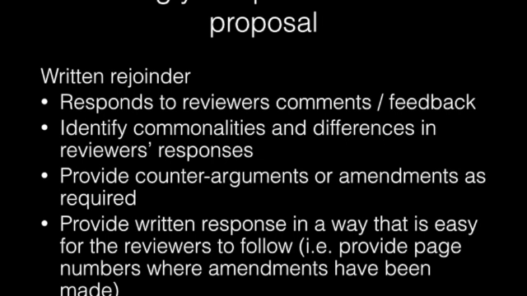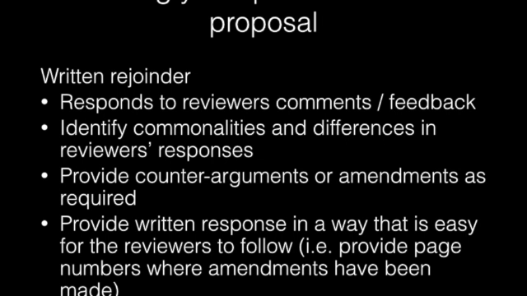It also allows you, if the reviewers have given you really positive feedback, to identify that in the rejoinder so that other reviewers can read it and go, oh okay, what I thought was good, other people thought was good. Most importantly, it provides you an opportunity to give them some counter arguments to criticisms, constructive criticism of course, and also provide some amendments if there have been errors or changes that you think would strengthen the proposal.